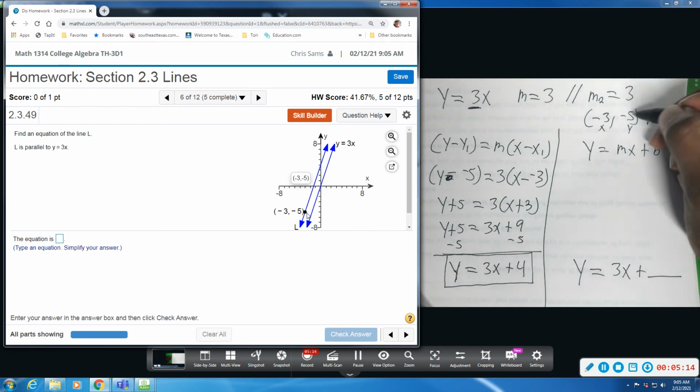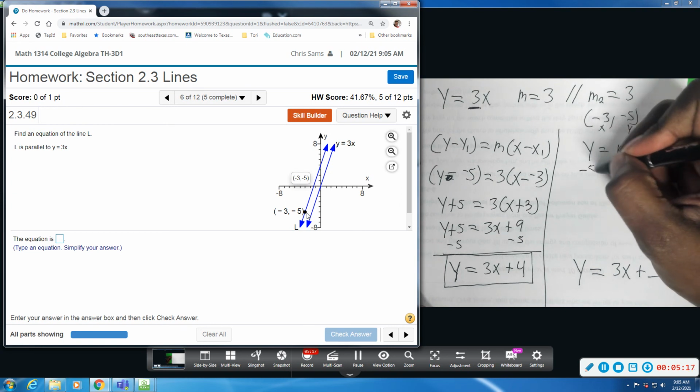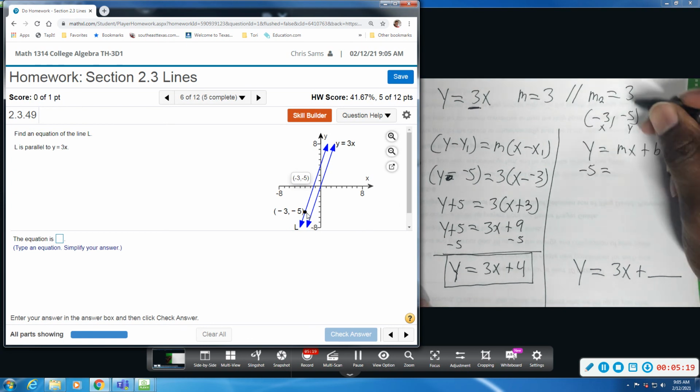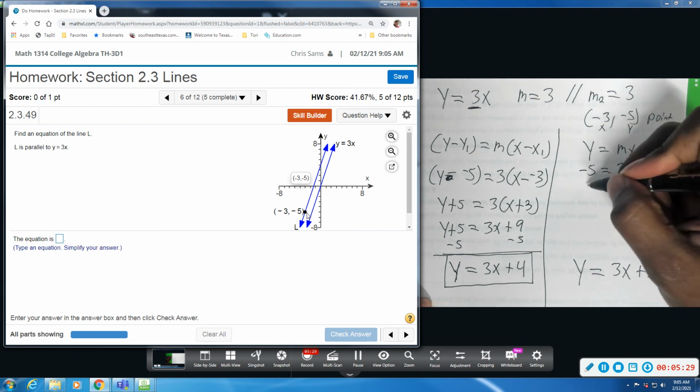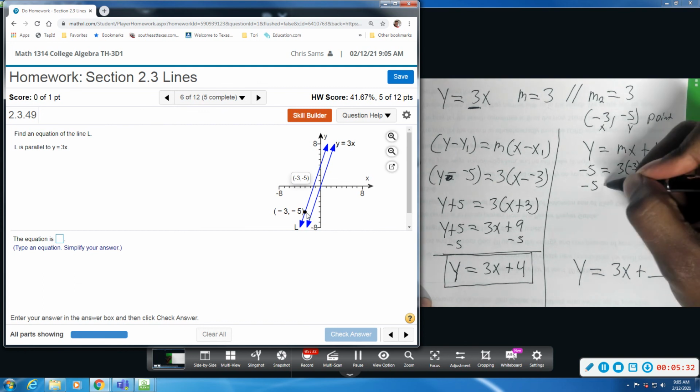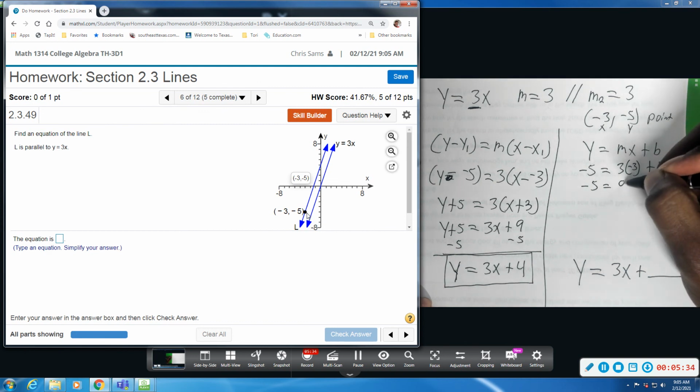So what I do is I plug in a -5 for y, plug in the 3 for m. X is -3. And then write plus b. That's the only thing that we do not know. So bring down -5 equals, this is a -9 plus b.